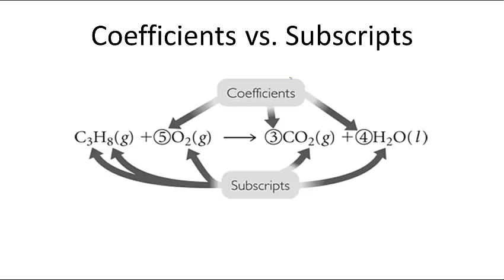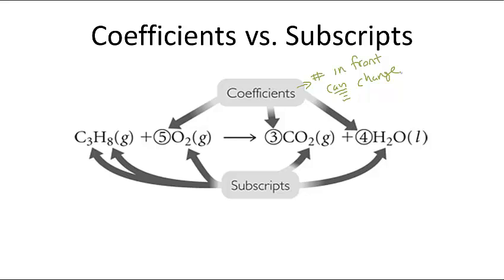Okay. So coefficients versus subscripts. The coefficients are the numbers in front, and you can change these. So I would pause the video right now and write down this chemical equation. Did you pause it? Are you sure?